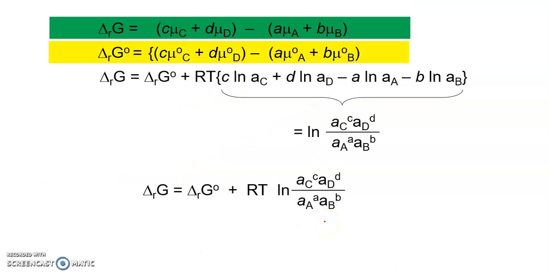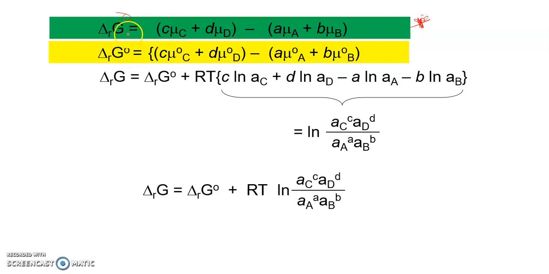So next, we already have this, so we can modify this equation a little bit by introducing the naught factor here.